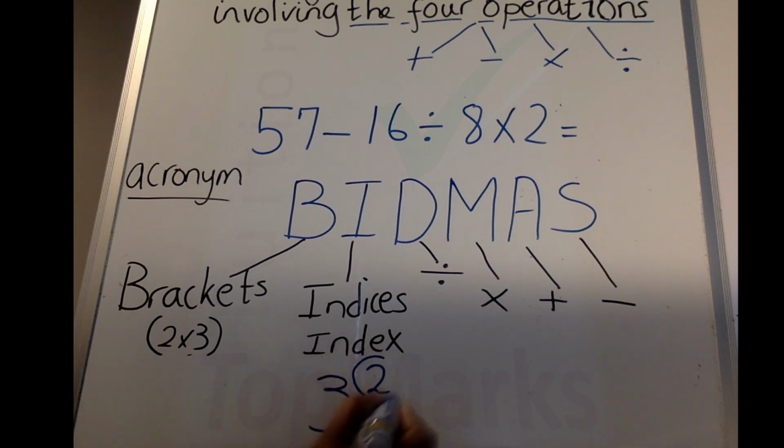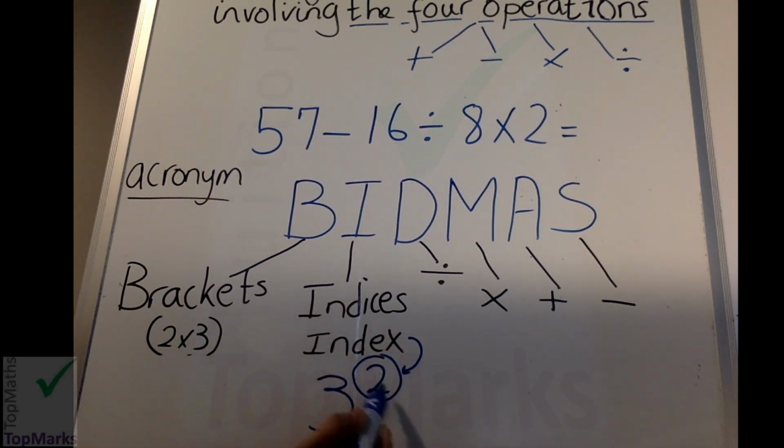This small 2 here is what we call an index number. When we have several index numbers, we call them indices. So index is the singular. Indices is when we have lots of index numbers.